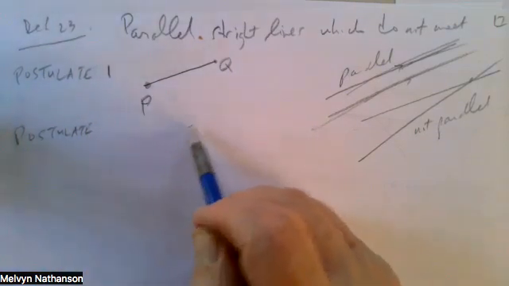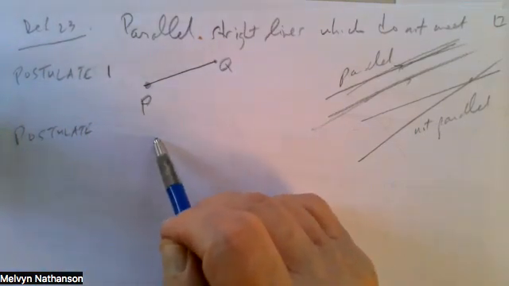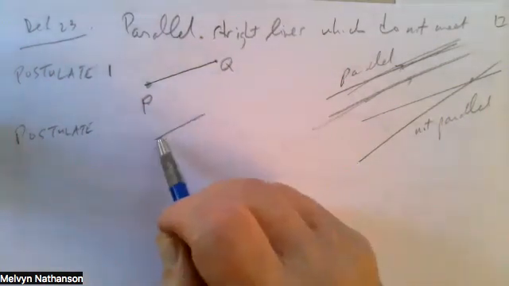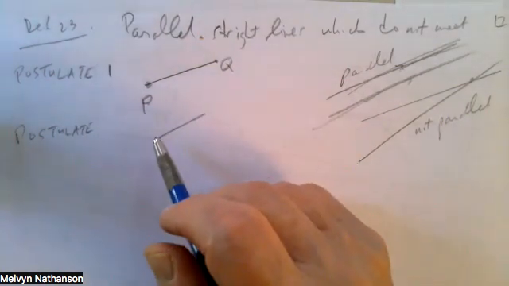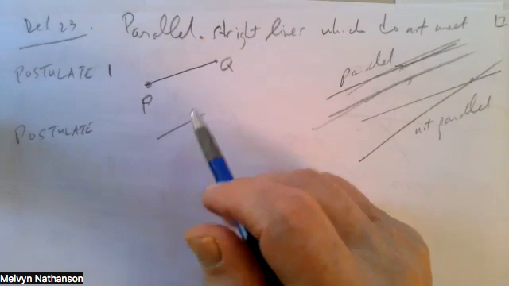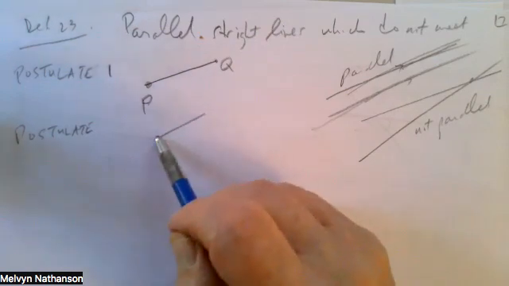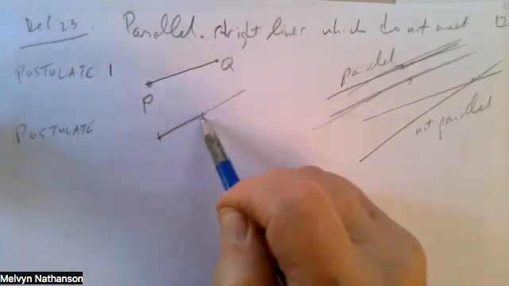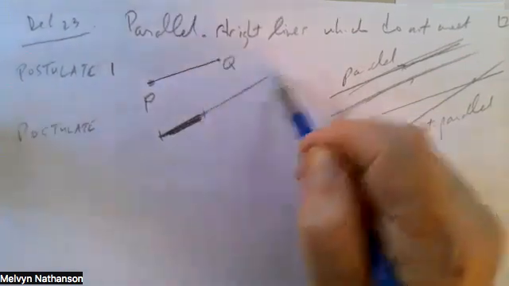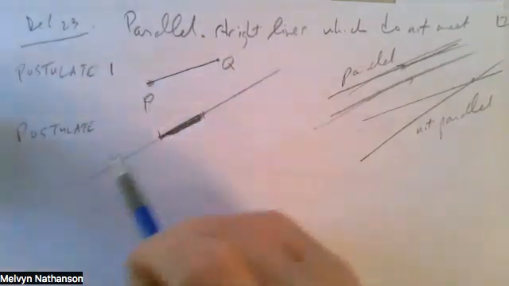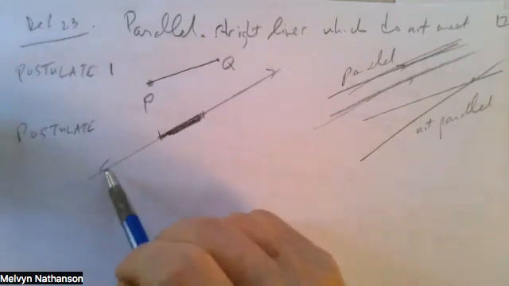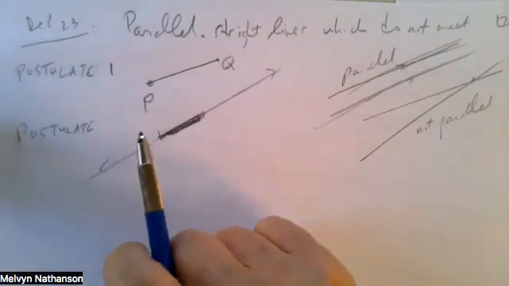Postulate 2 says if you have a line or a line segment, it can be extended continuously in both directions. So if I start with this line segment, I can extend it forever in both directions.